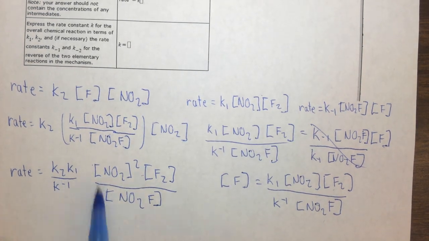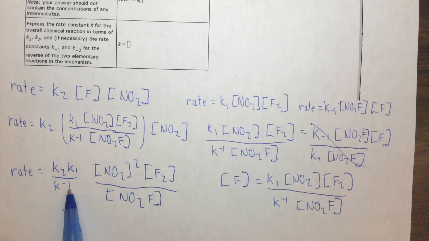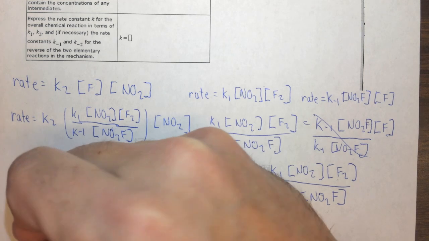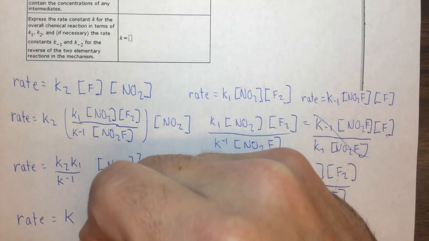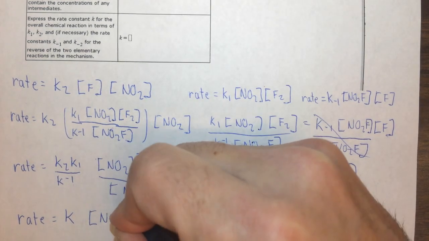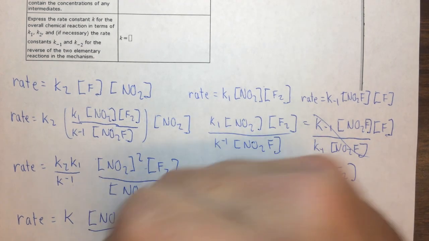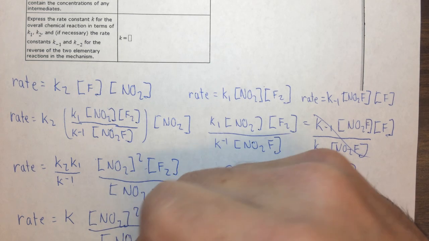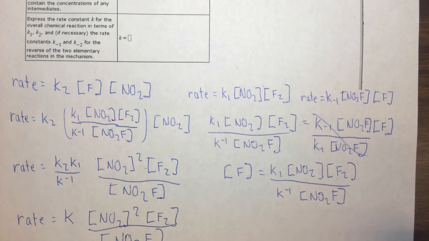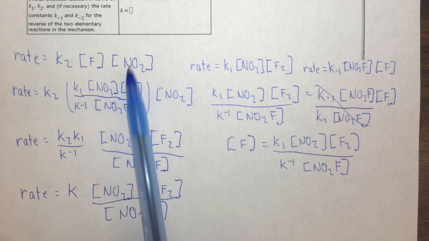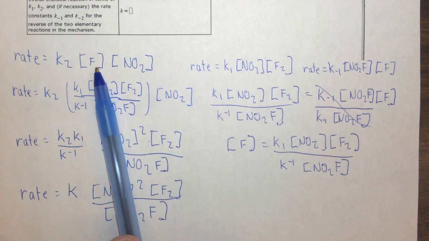If we have constants multiplied and divided by each other, it doesn't matter. You just get a new constant. To simplify, rate equals k, concentration NO2 squared, concentration F2, divided by concentration of NO2F. Notice that in this way we have gotten rid of the F.